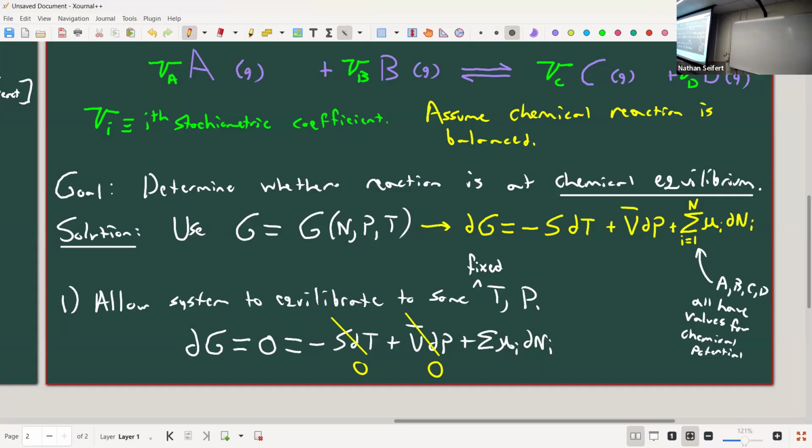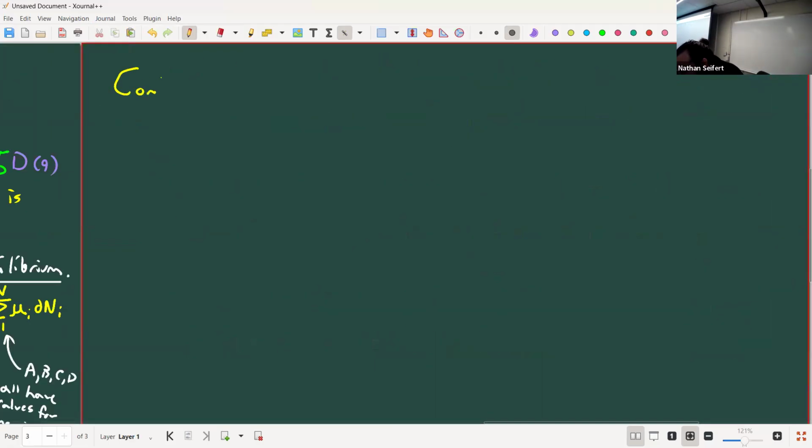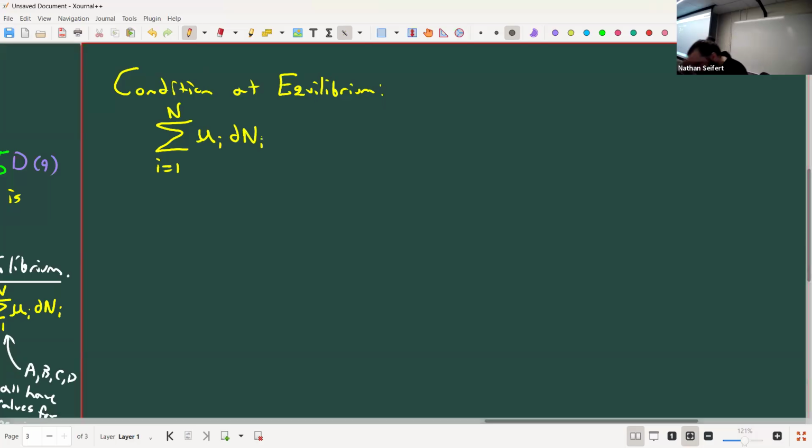The whole sum has to be equal to 0. Okay, so we have this condition, which says that the sum over all the molecules in the system of their chemical potentials times the change in the number of their moles is equal to 0.